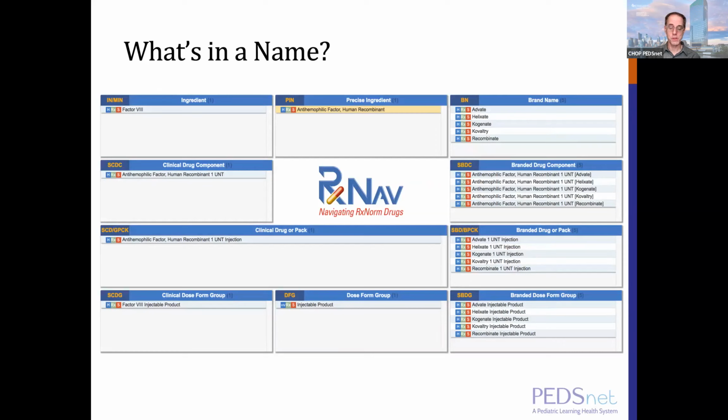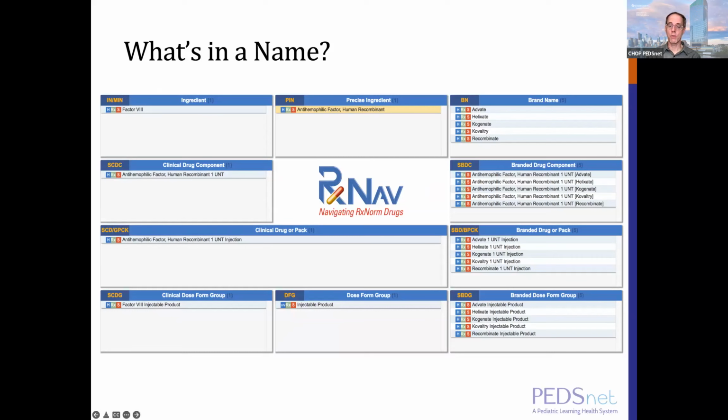Conversely, we can often use these terminologies to our advantage. So one of the common therapies for hemophilia is recombinant antihemophilic factor or recombinant factor VIII. You can see here that there are a number of terms represented in the RxNorm terminology, which covers medications that can be prescribed and given in the United States.